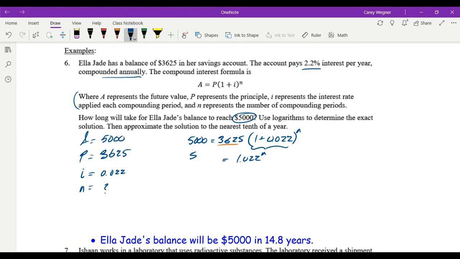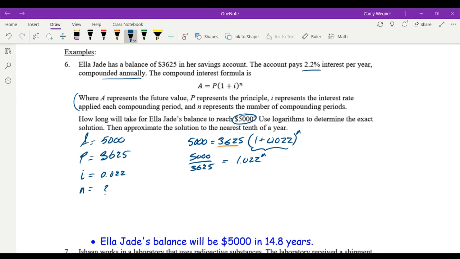So I'll have 5,000 divided by 3625. If I do 5,000 divided by 3625, I'm going to get a long decimal number. And I don't want to use rounded values in my calculations, so I could store that in memory for future calculations, or I can just leave this as a fraction. So for now, I'm going to leave it as a fraction.